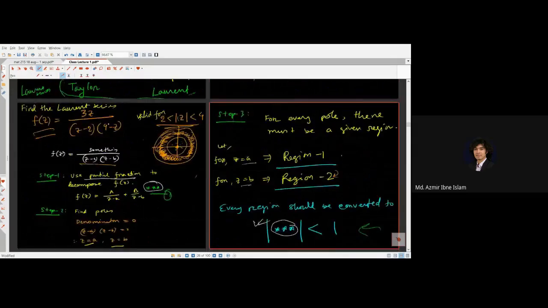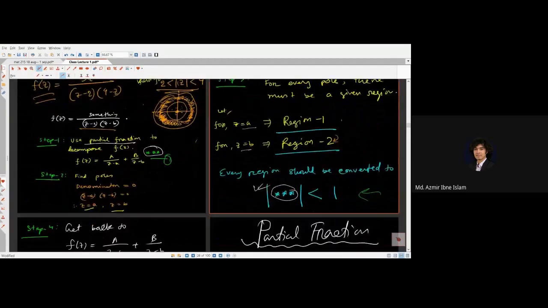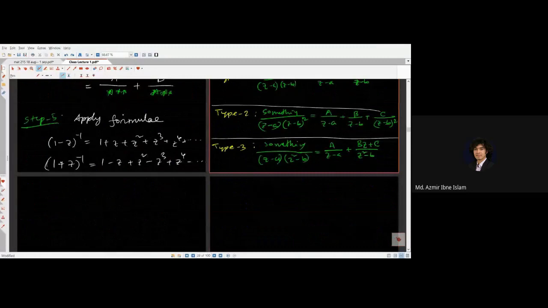So let's try to solve this problem. I think the theoretical part is over.